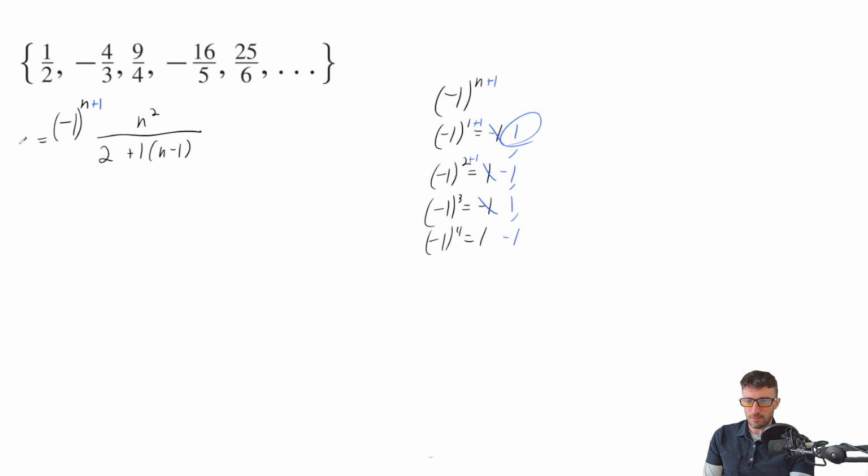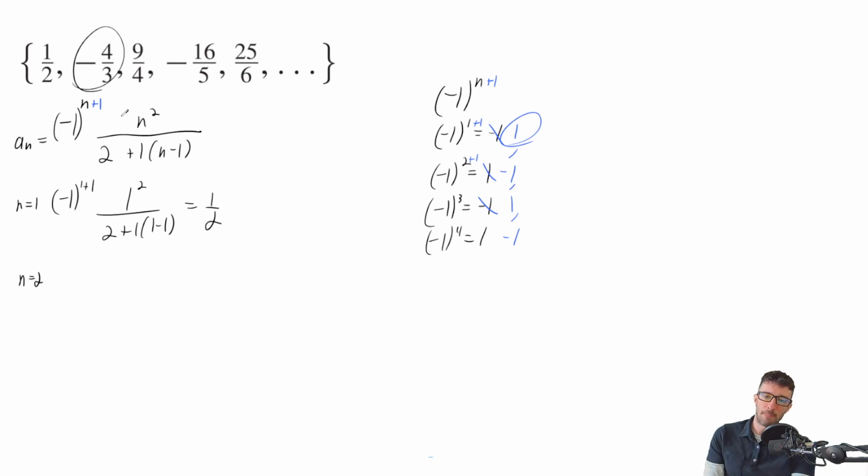And now if you are not convinced that this is the right formula, you can try plugging in 1. And you would see that -1 to the 1 + 1 times 1 squared over 2 + 1 times 1 minus 1 is actually going to come out to that first term of 1/2. If you tried plugging in 2, you could convince yourself that it's going to come out to that.